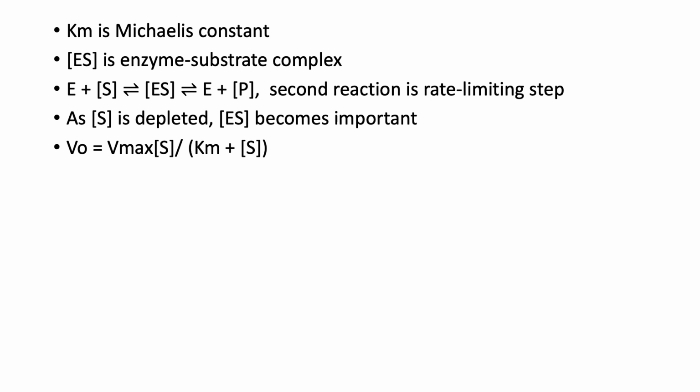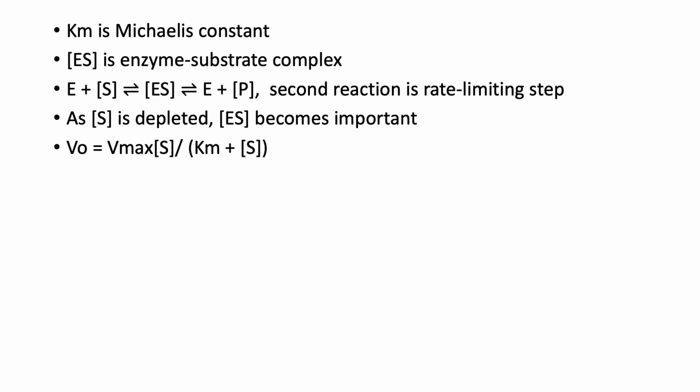So Km is the Michaelis constant, and we talked about intermediate energy transition forms, and we look at the combination of the enzyme and the substrate, which is a transient form, and this can be characterized by covalent bonds or any degree of multifactorial interaction between the enzyme and the substrate.